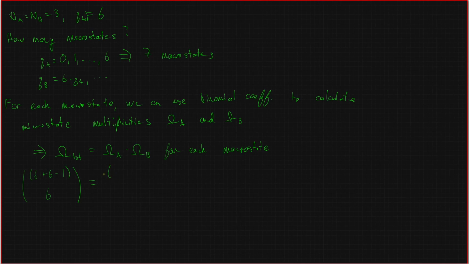If we calculate all the factorials, that would be 462 total microstates corresponding to the system. I should have done this before I went to the Mathematica, so sorry about that weird interruption. This is the total number of accessible microstates from the system, and the way you're doing that is just taking these two and multiplying them together.